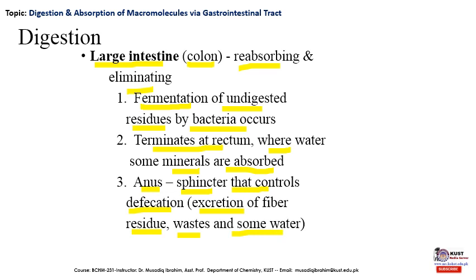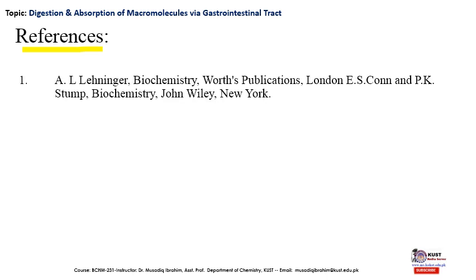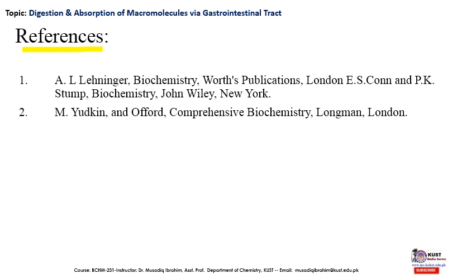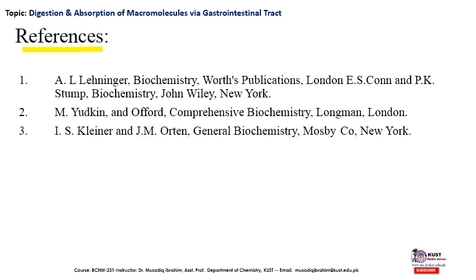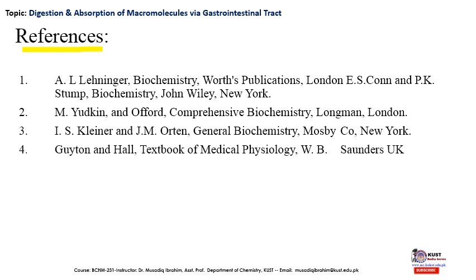Now references. These are the reference books which were consulted for the preparation of this lecture. The first one is Lehninger's Biochemistry. Second one is Comprehensive Biochemistry by Longman. The third one is General Biochemistry by Cleaner and Morton.